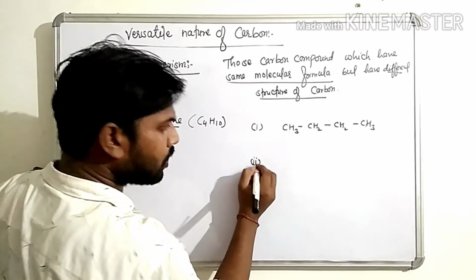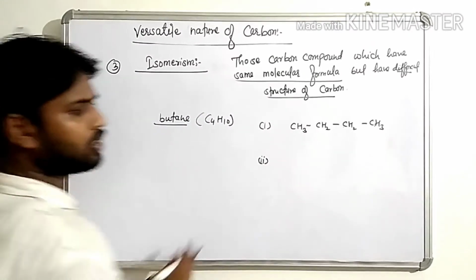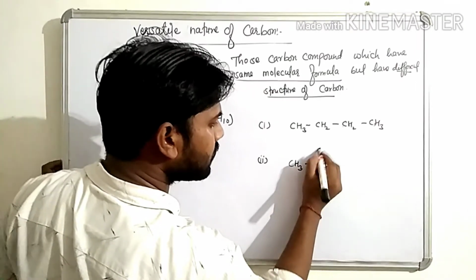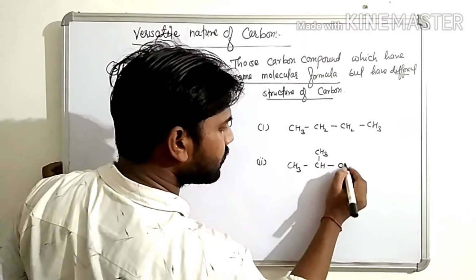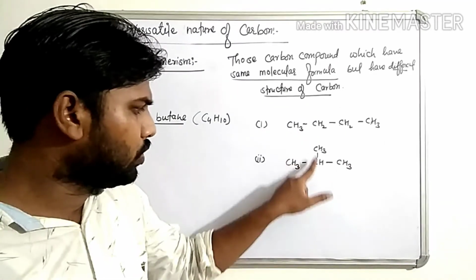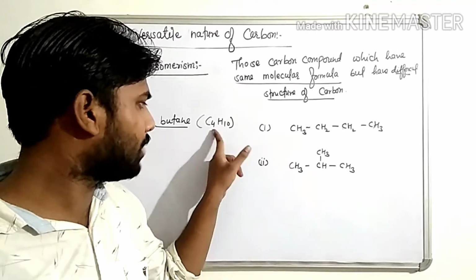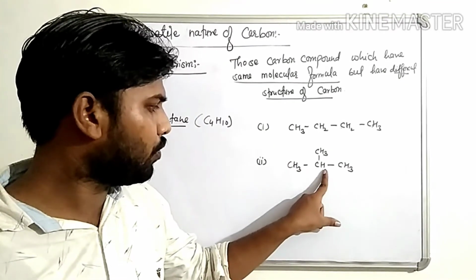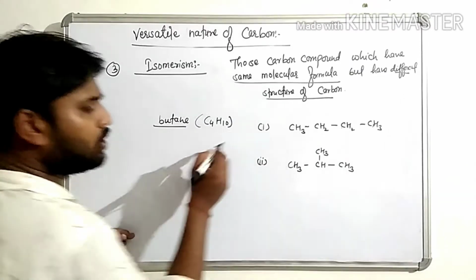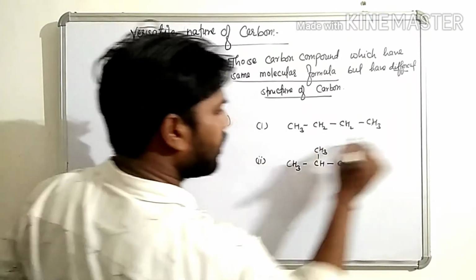This formula can also make another structure: CH3, CH, CH3, CH3. Carbons 1, 2, 3, 4: 4 carbons, and hydrogens 3, 1, 3, 3, giving 10.